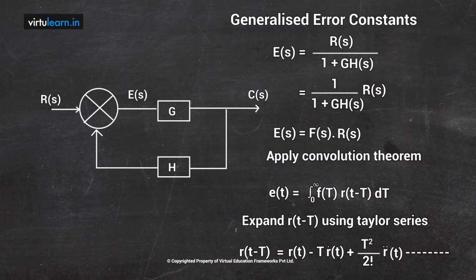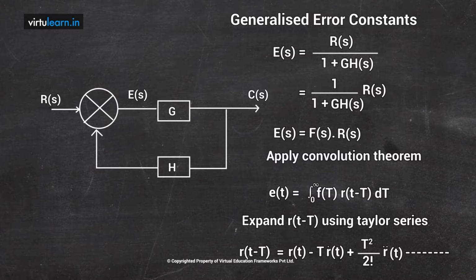Therefore I can rewrite it as e(t) is equal to the integral from 0 to infinity of f(T) r(t minus T) dT. In this case we have input r(t minus T), where t is small t and T is capital T.